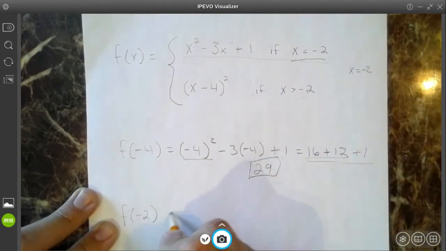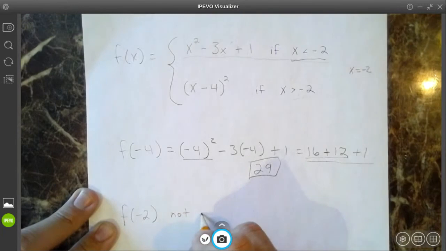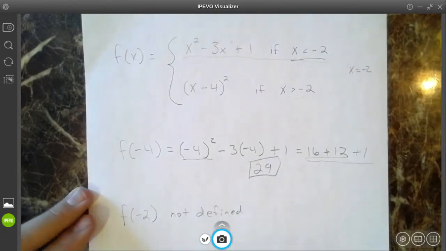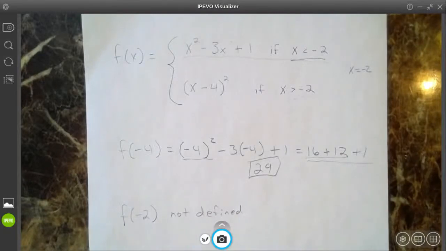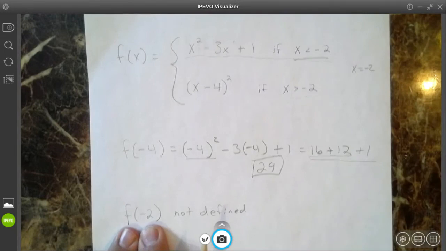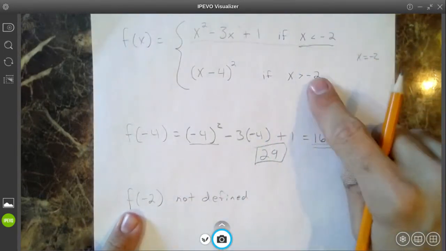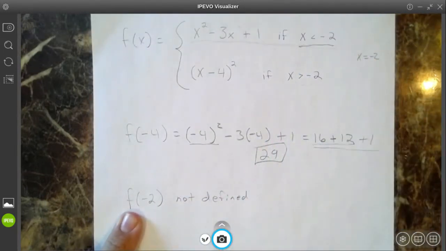So we would say it's not defined, or undefined, or it doesn't have an answer. Because your input doesn't fall into either of these two categories, you can't evaluate it.